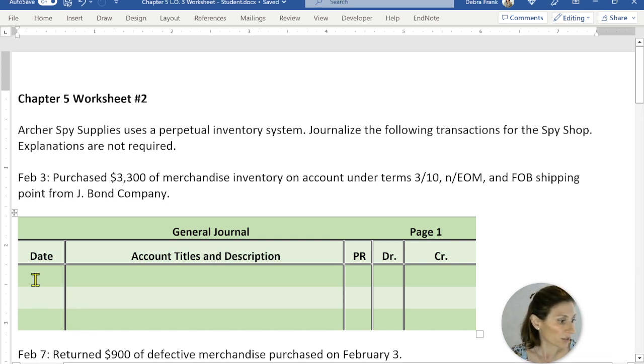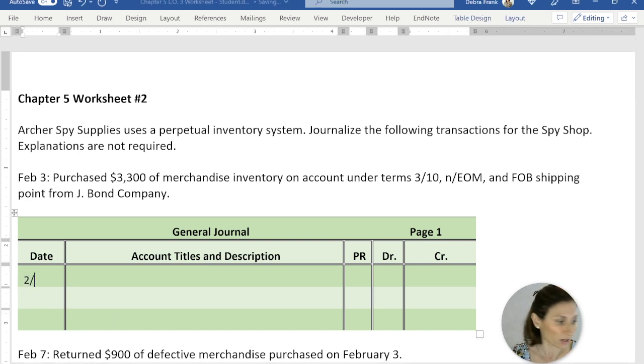We have February 3rd. I'll just write 2-3, easy for me, but you probably spell out February 3rd in your homework. We purchased 3,300 of merchandise inventory on account under terms 3/10, EOM and FOB shipping point from J Bond Company.